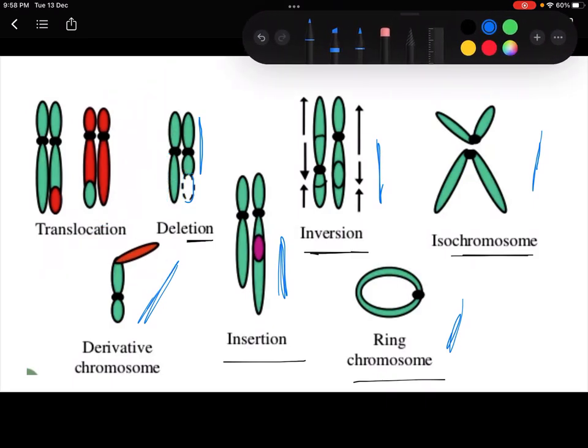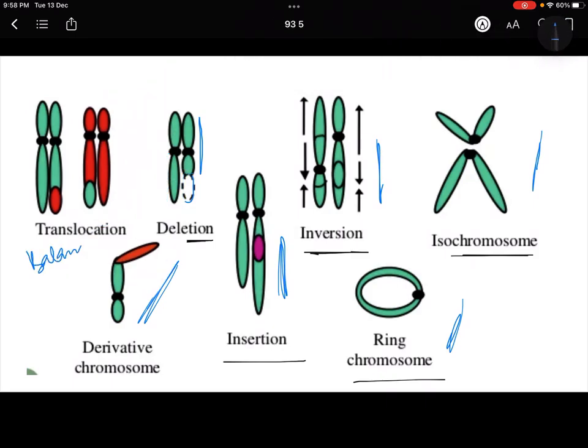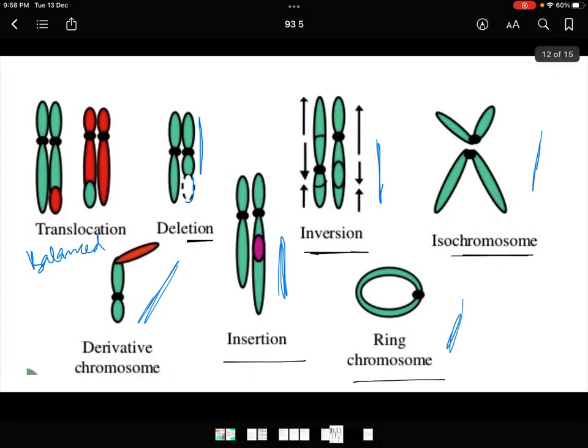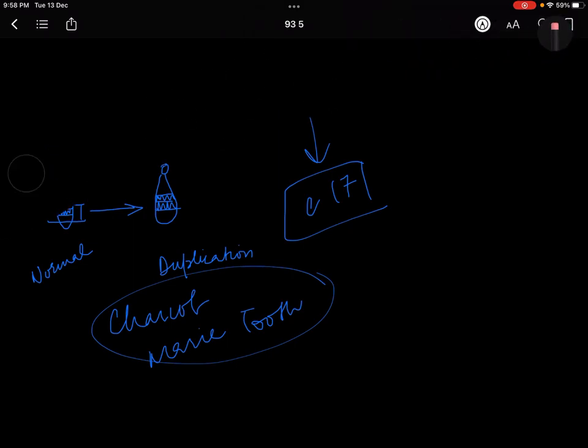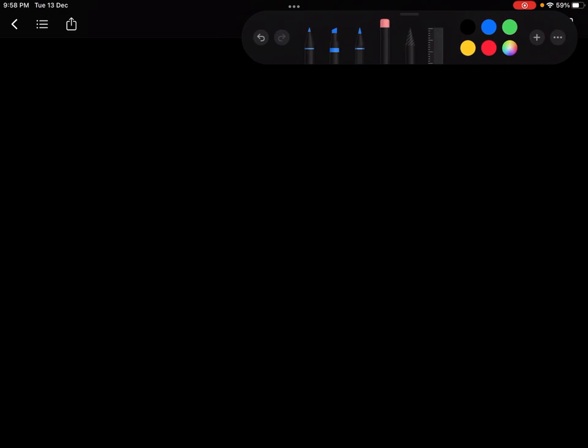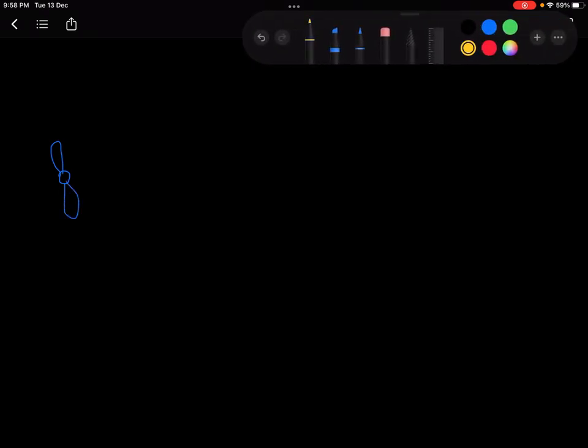Because you can see there is a balanced translocation. Sometimes it might not be a balanced translocation also. Now I will show you these pictures also. So what is balanced translocation? Let me first draw two. For suppose there were these two normal chromosomes. Okay, these are normal. Now translocated ones I'll just show you.